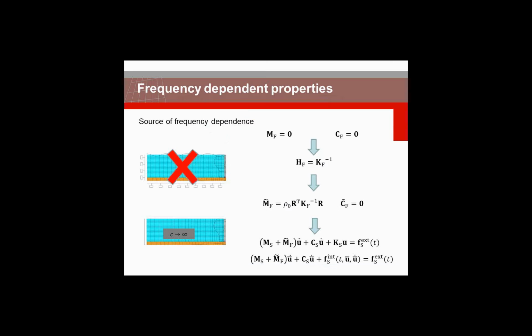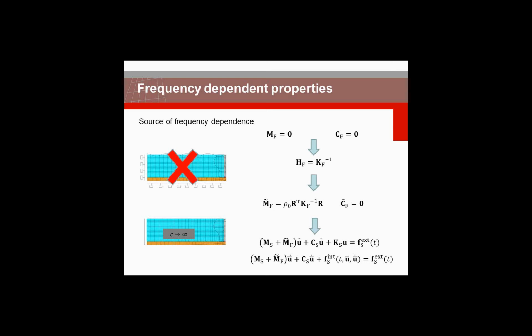And there is no more frequency-dependent presence in the HF term. So when we calculate the additional mass with this particular HF, we can notice that the additional mass is not frequency dependent anymore, and the additional damping is equal to 0.